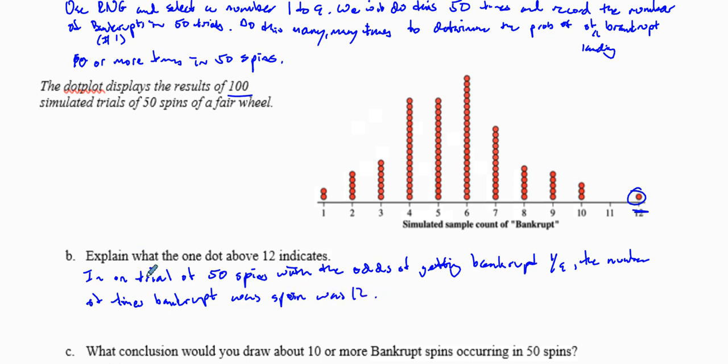All right, probably could have said that a little bit nicer, but in a trial of 50 spins with the odds of getting bankrupt 1 out of 9, the number of times bankrupt was spun was 12. That's what we probably want to say.